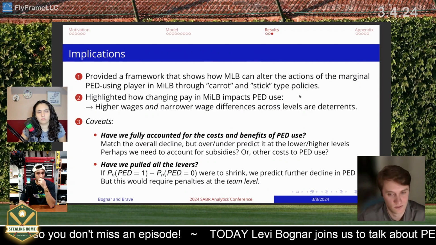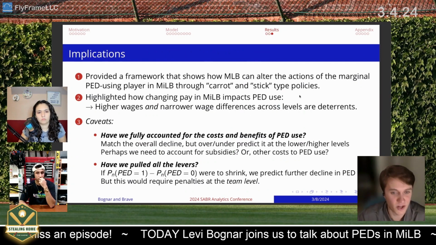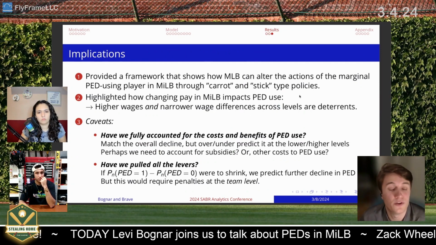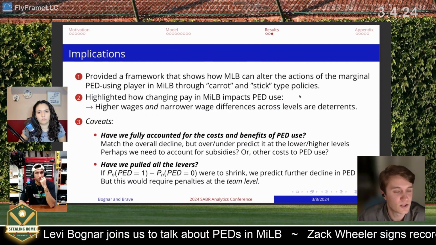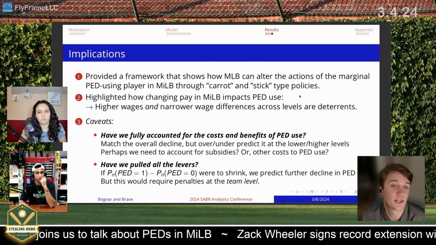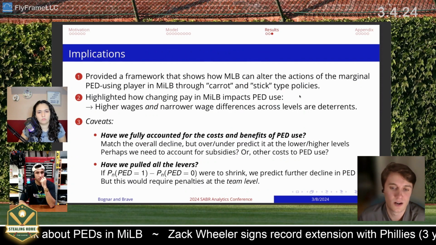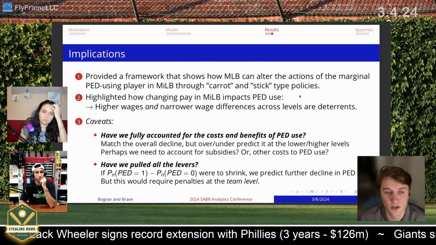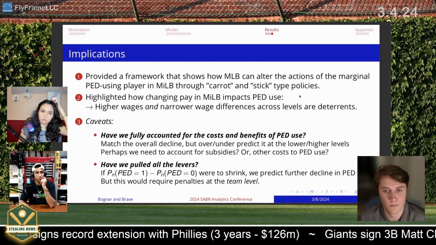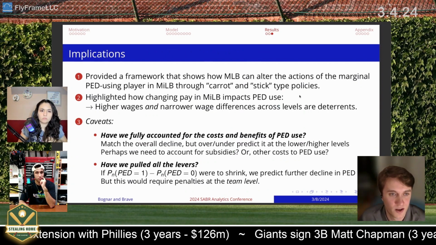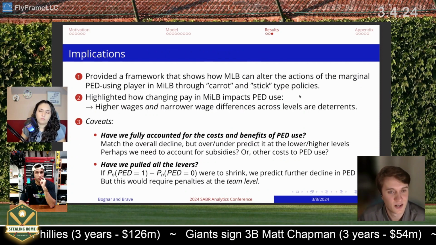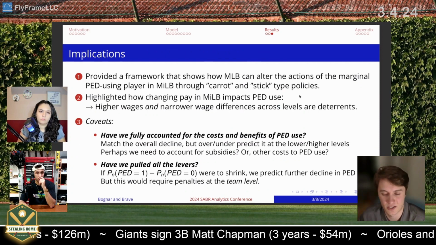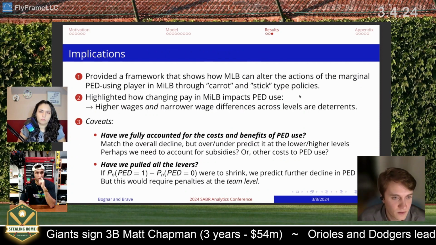And the answer, of course, is no. We might not be accounting for all the new subsidies that the players are getting in 2022 and 2023, particularly the housing subsidies. And of course, there are other costs to PED use, not including your lost salary, specifically like the health costs to using PEDs that we can't necessarily quantify in this sort of model.